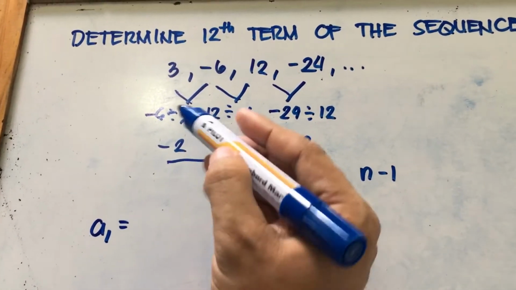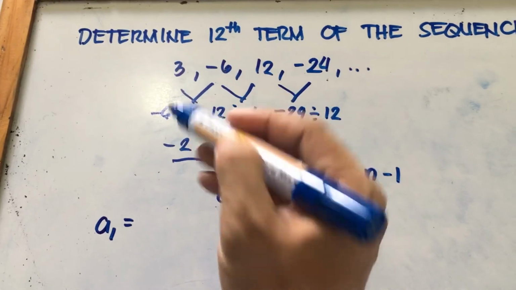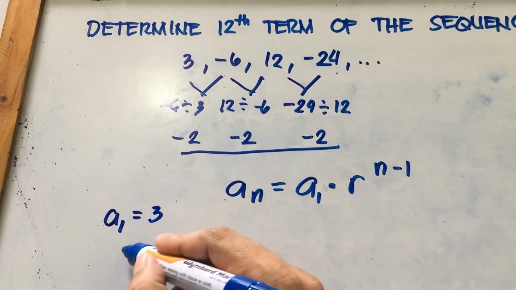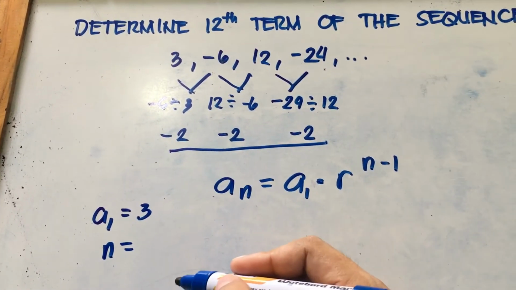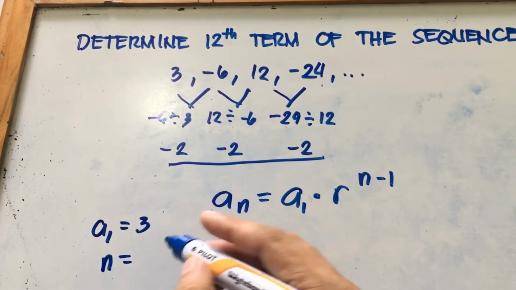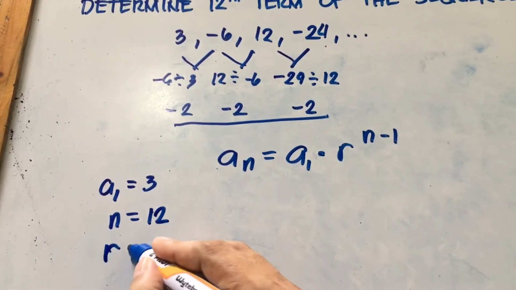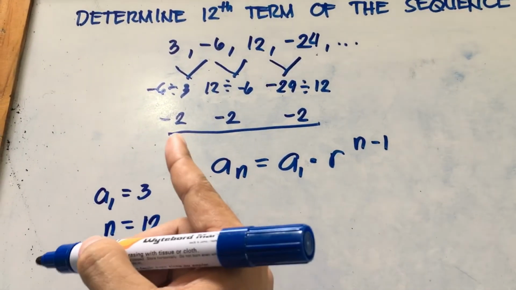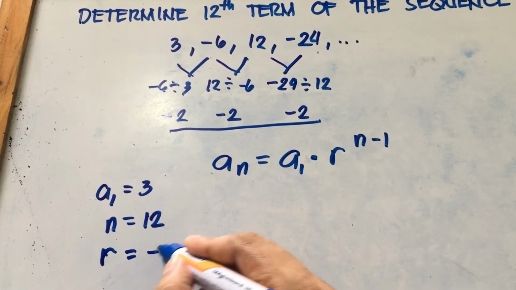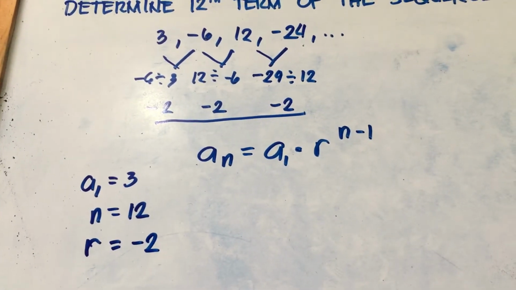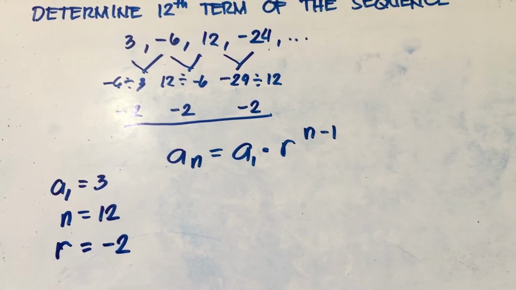Our a sub 1, or the first term, is 3. Our n, which is the specific term that we're looking into, is the 12th term. So your n is 12. And your r, which is the common ratio, we already found it, that is negative 2.